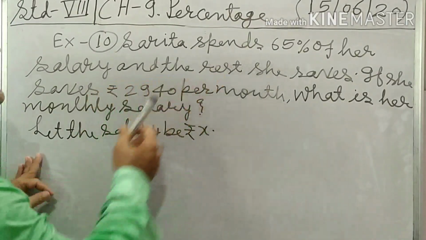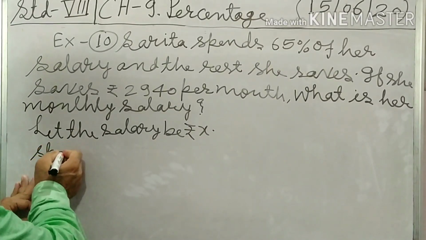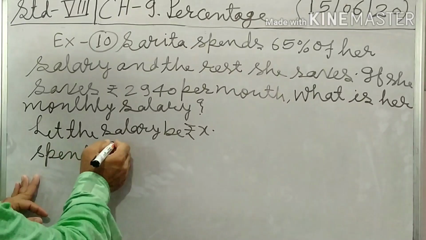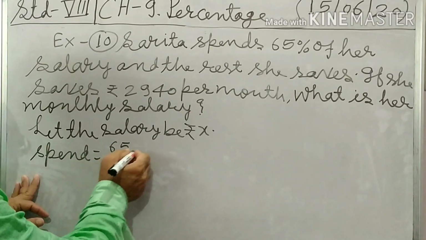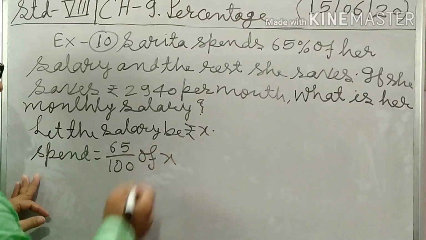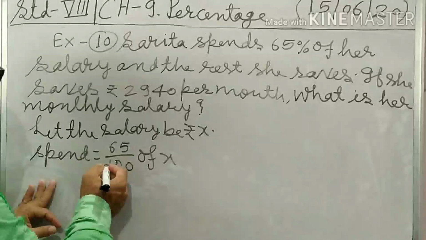Sarita spends 65%, so she spends 65 by 100 of X.